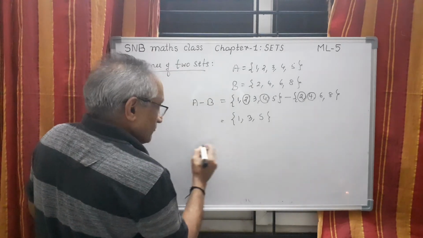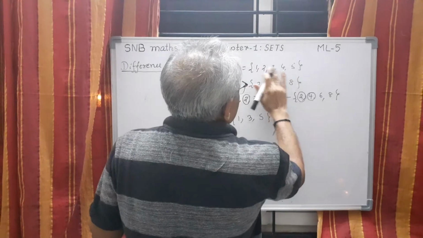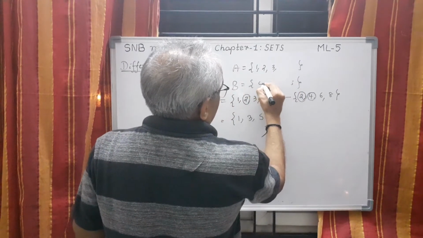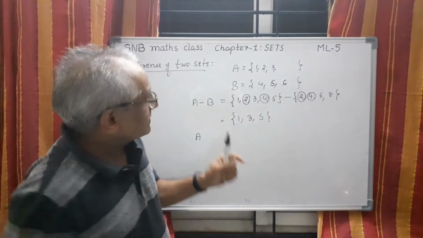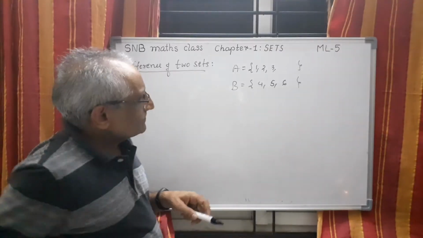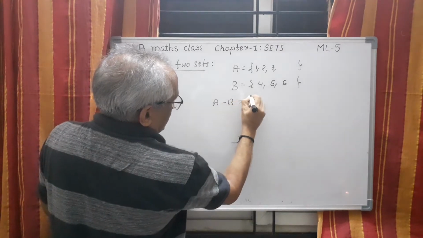Say for example, I will give a few more examples. Let me take here 1, 2, 3, and let me change the other: 4, 5, 6. 1, 2, 3 in the first and 4, 5, 6. What will happen? See, A difference B or A minus B, whichever way.